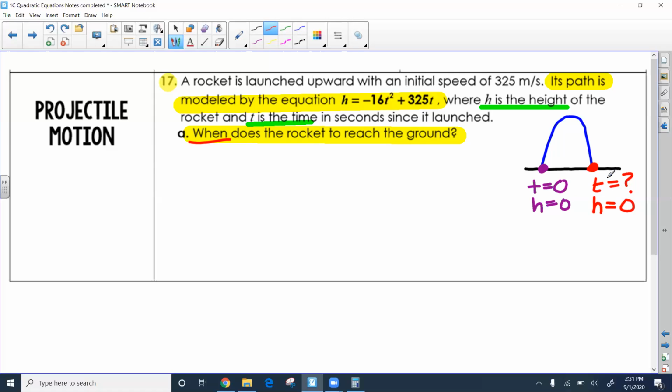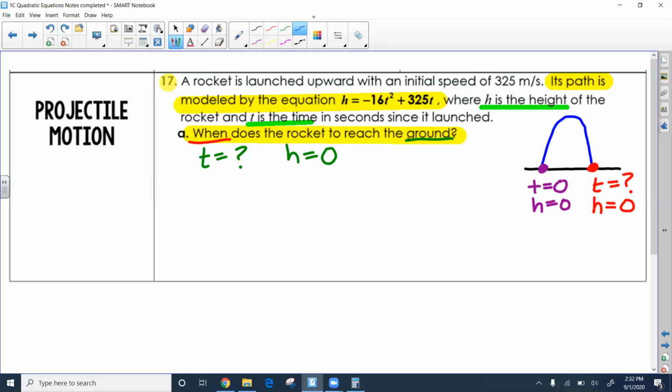Okay, so we're trying to figure out the time or how long it takes for the rocket to reach the ground. So since we're trying to find when, we're trying to find t, we don't know what t is, so t is our question mark or what we're trying to find, and we do know the height is 0. H equals 0 when this reaches the ground.